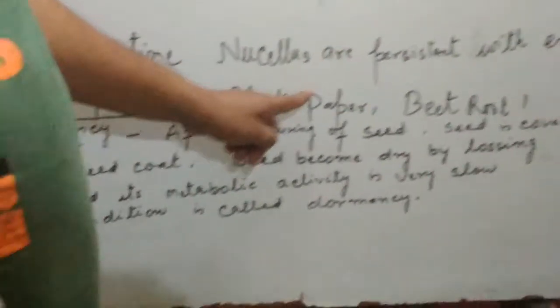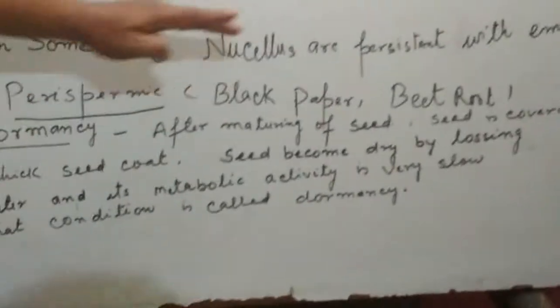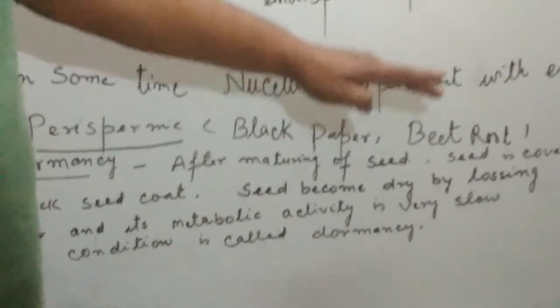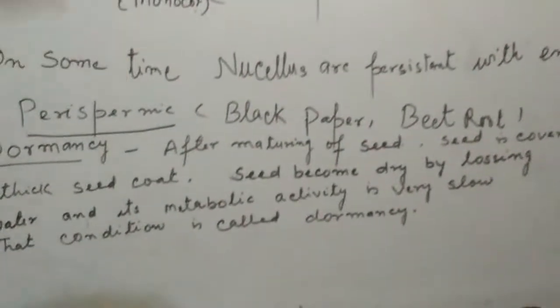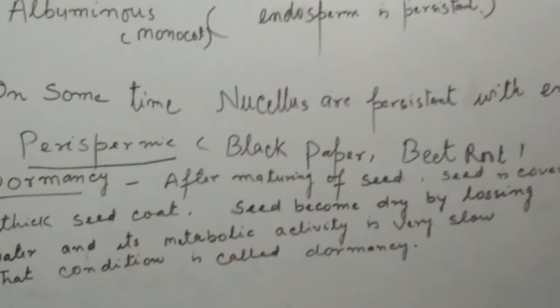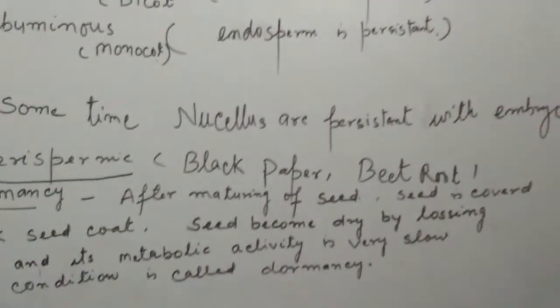In black pepper and beetroot, the nucellus is persistent. That means the nucellus basically persists around the embryo sac.